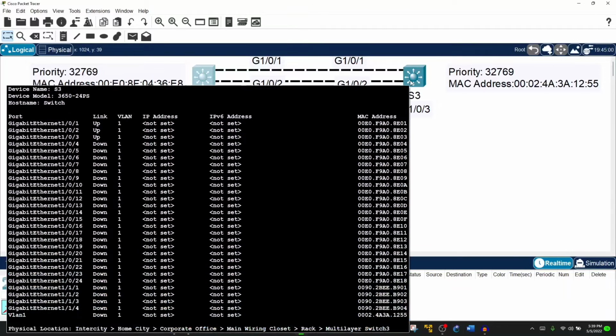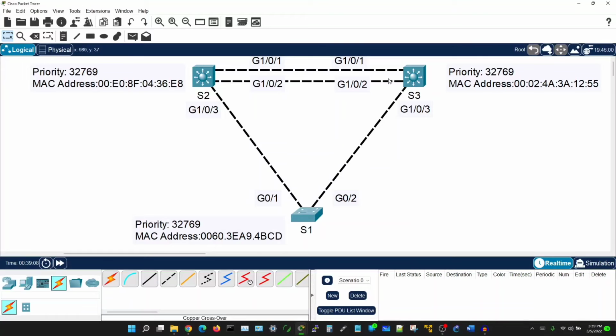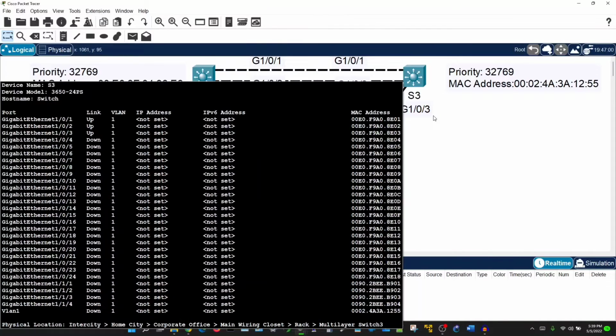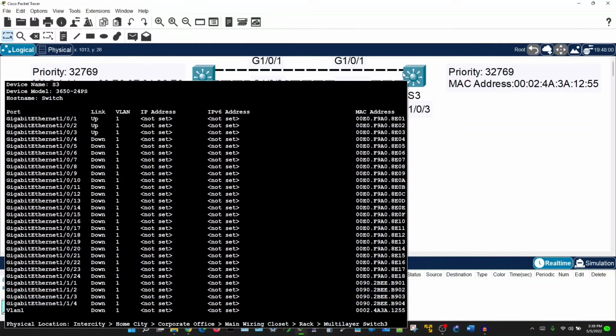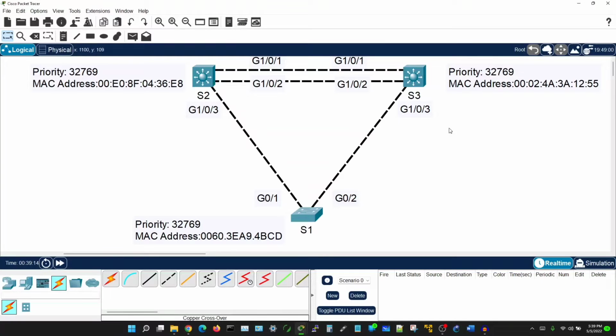So if this is the root, then we must have the following situation. First and foremost, all ports should be designated ports, because that's the reward it gets for being the root. All ports will be designated ports.